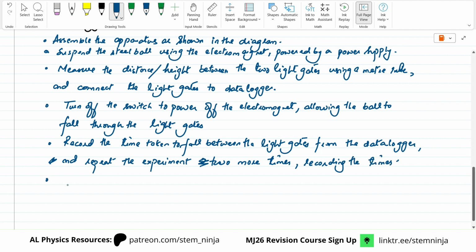Now we need to change the height also. Actually, we should have given them numbers. You can give them numbers instead of bullet points. That would have been better. So 1, 2, 3, 4, 5, 6.